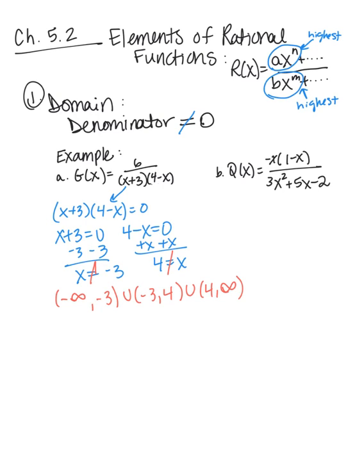So my second example here, it is not factored. So the first thing that I'm going to have to do is set the denominator equal to 0 and factor. So we talked about ways that we can factor before. So I'm going to have to remember all of those ways to factor. So what I'm trying to do is factor this quadratic equation here.